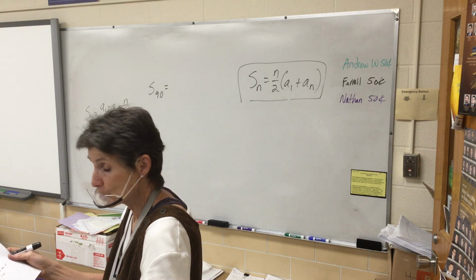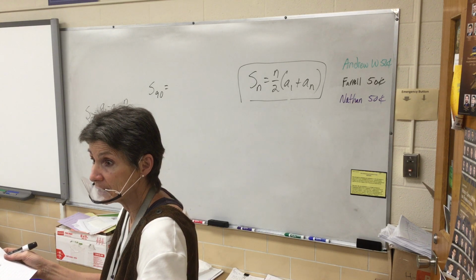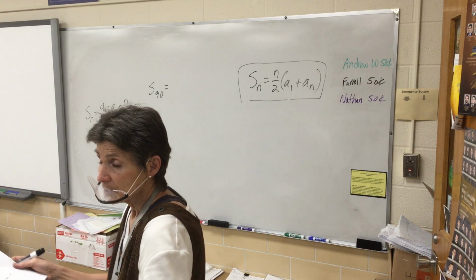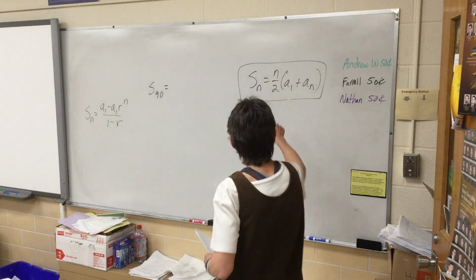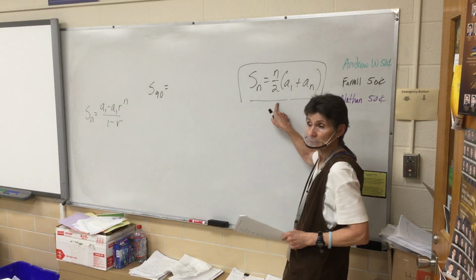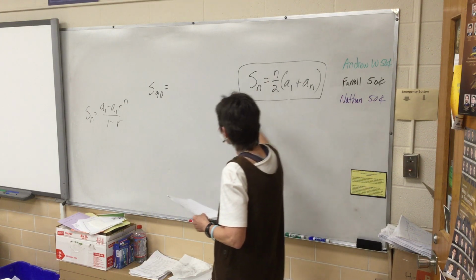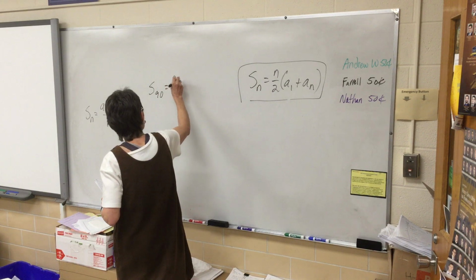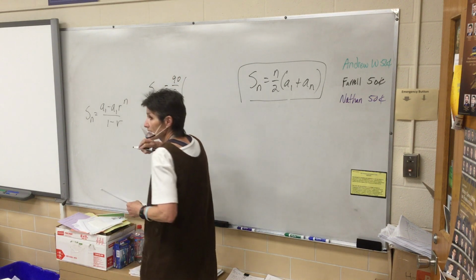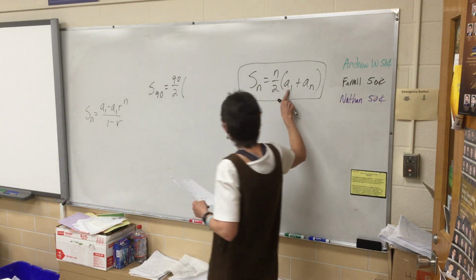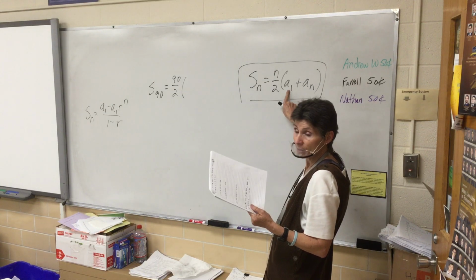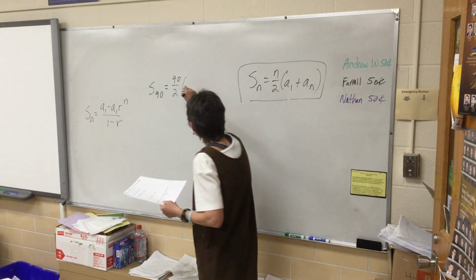Because we're getting from term to term by adding 3. So I'm going to use this formula right here. And that formula says take n over 2, so that'll be 90 over 2. Then what does this stand for? A sub 1, that is our first term, which is -2.